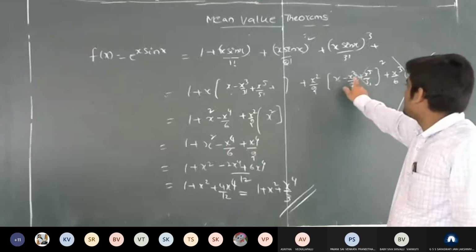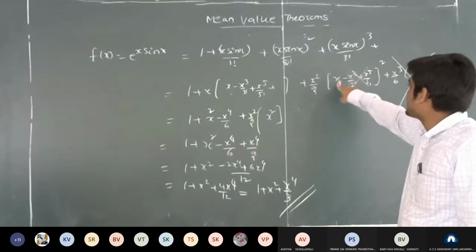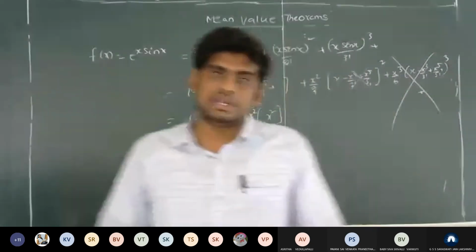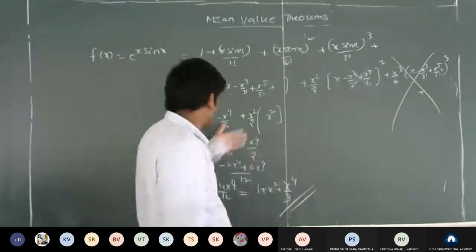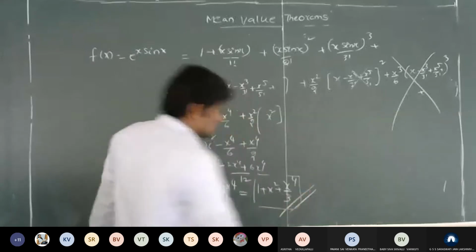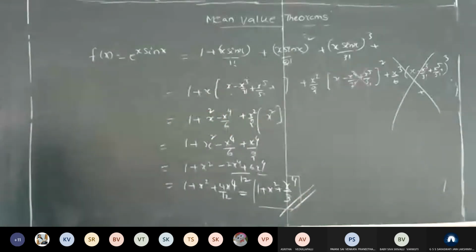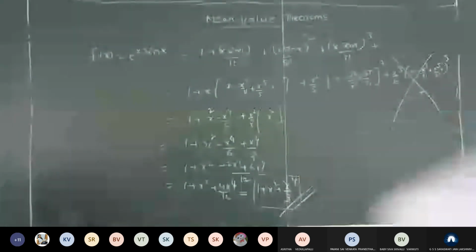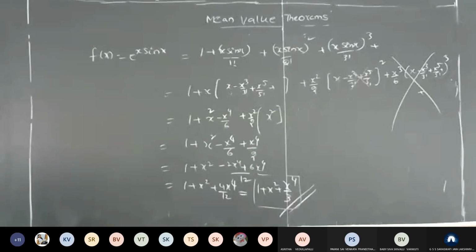If we take 2ab, it becomes x power 6, so the 2ab terms are also not needed. So I am taking the first term. So simply I am getting the answer as 1 plus x square plus x power 4 by 3, which is the required Maclaurin series expansion of the given function.